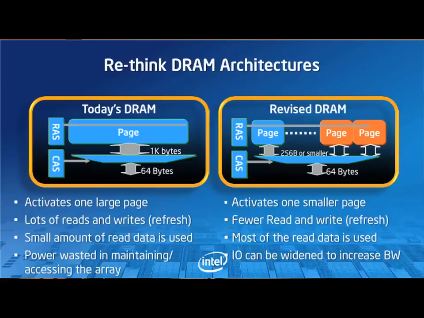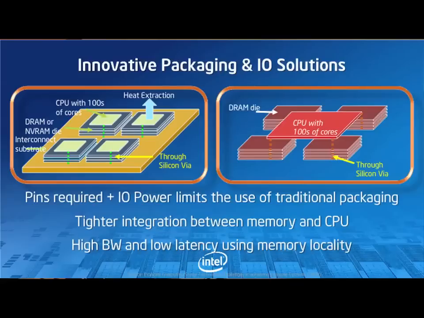Most of the data that is read today, on the left-hand side, doesn't actually go across the pins, and that's a huge waste of energy in accessing that array. So we can cut back the power required in DRAM by a factor of 2, we think, or more with this revised technique.